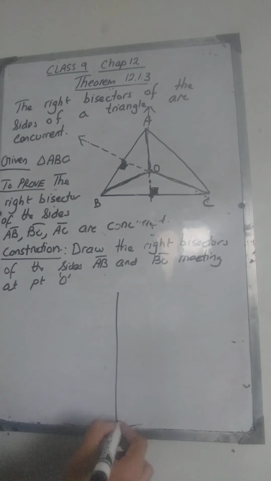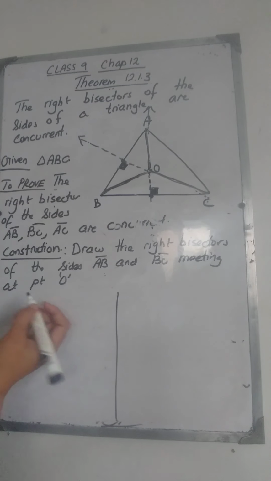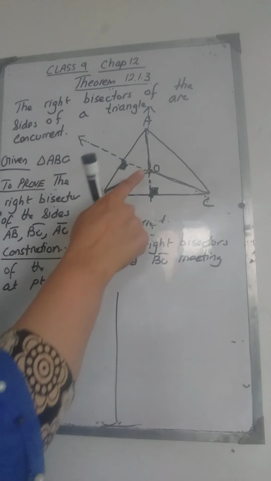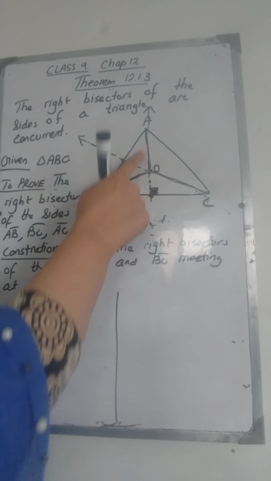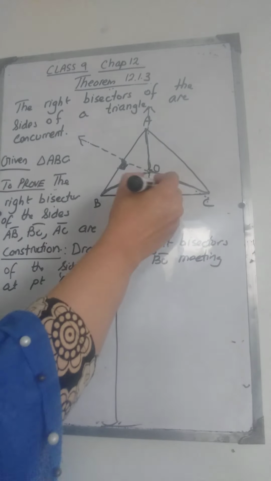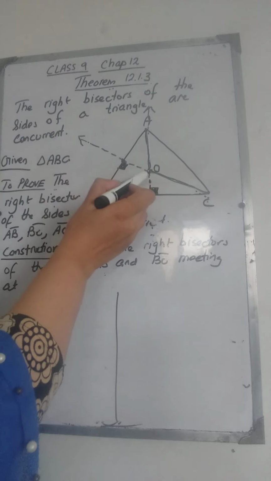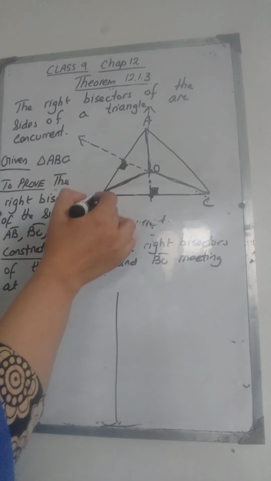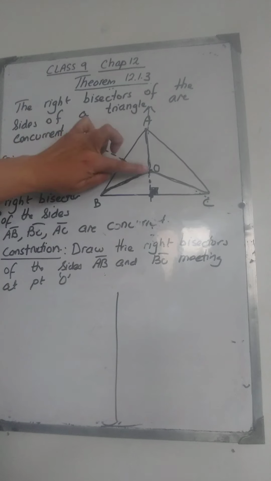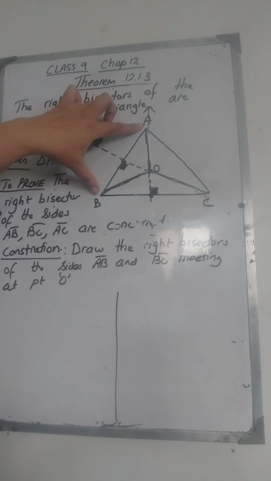Now let's start the proof. O is a point on the right bisector of BC. Also O is a point on the right bisector of AB. As O lies on the right bisector of AB, its distance from A and B will be the same according to the first theorem, theorem 12.1.1.